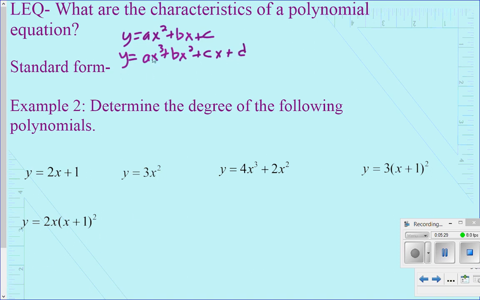We start by writing the highest exponent first, and then the exponents descend or go down. So standard form means highest exponent first, and then decreasing exponents.